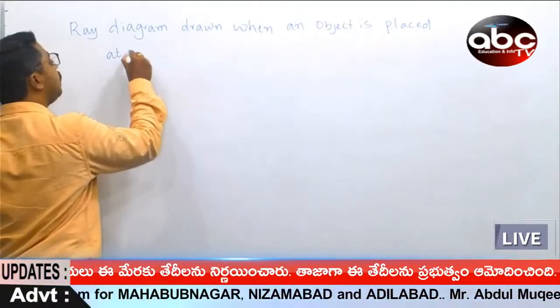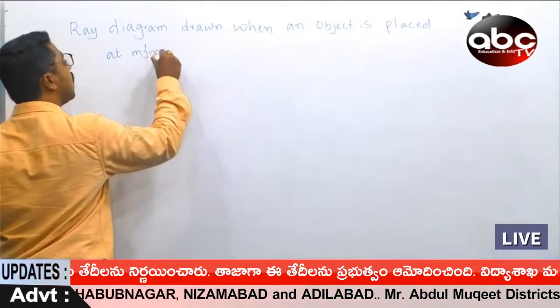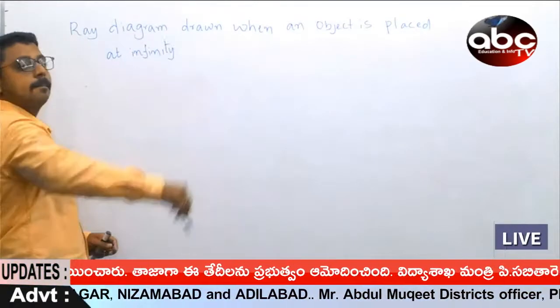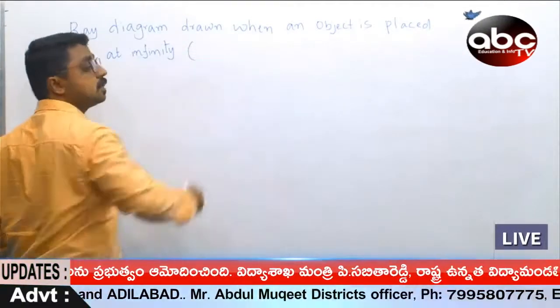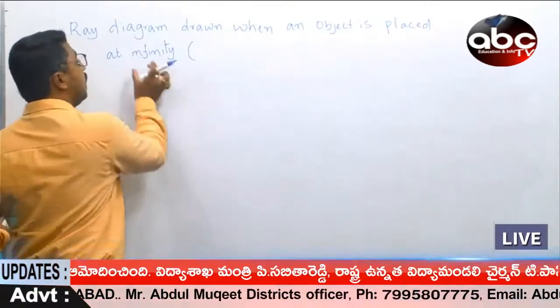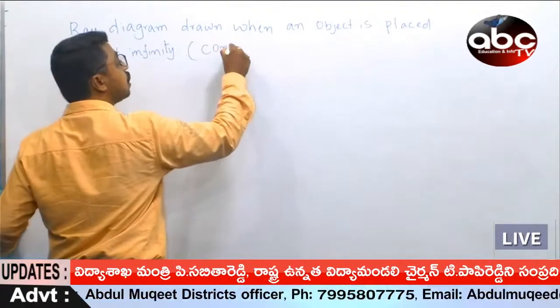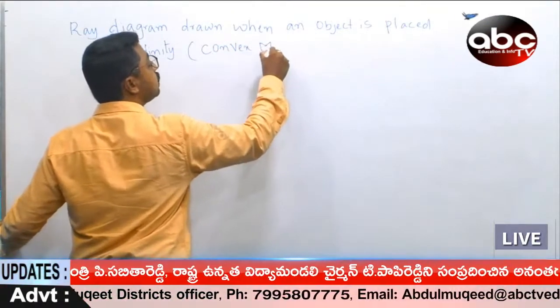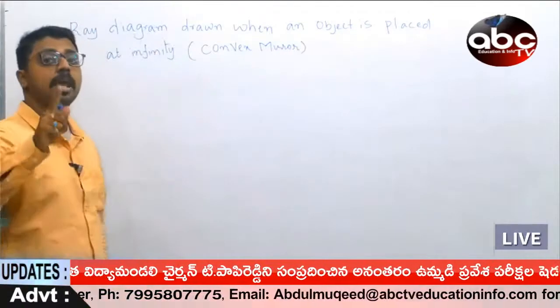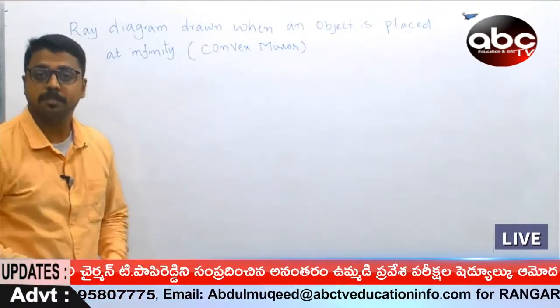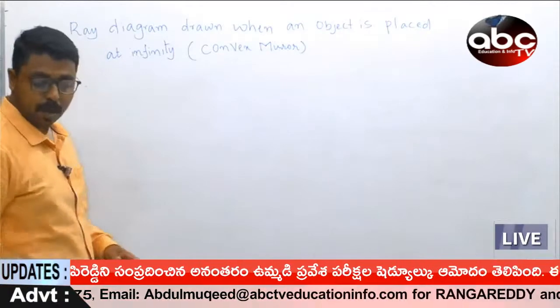At infinity. At infinity. My dear friends, you can just take this point, that at infinity we are exclusively speaking about the convex mirror. Because the same case is found in concave also, do not get confused. So let us proceed with this one.